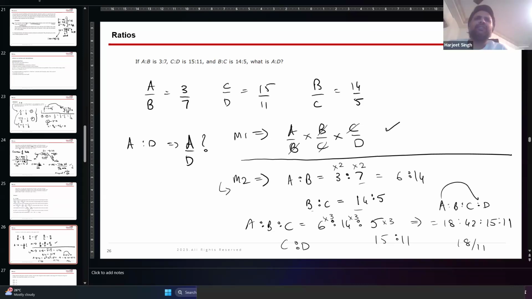The first LCM was between 7 and 14, and the next LCM was between this and this. But this is confusing. It's best to set it up as a series of different ratios and then keep combining the ratios. But always method 1 is preferred.